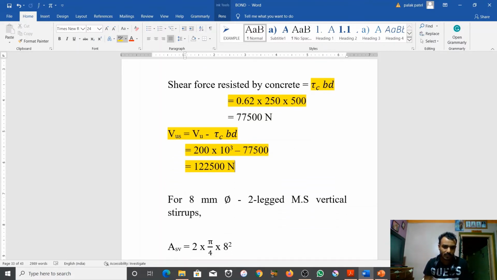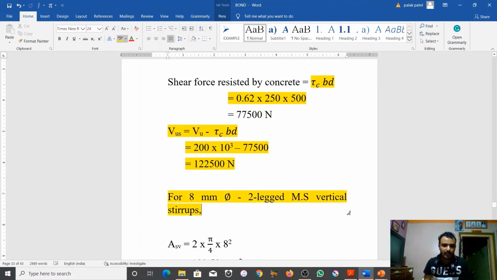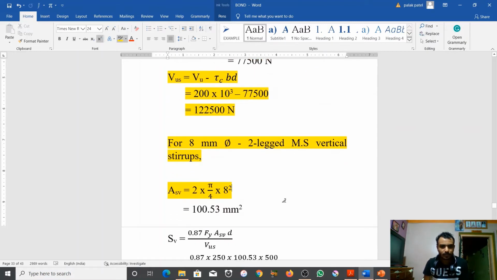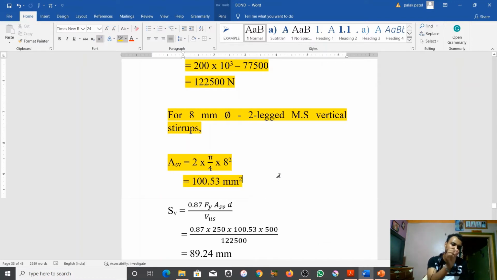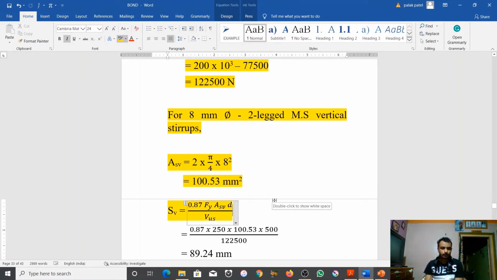So these are the stirrups: 8 mm diameter bar, two-legged mild steel vertical stirrups. This condition is given in the example. So first of all we have to find out Asv, 2 into pi by 4 into 8 whole square. So Asv is 100.53 mm square. By the Asv, we have the equation for the Sv. Sv is spacing.